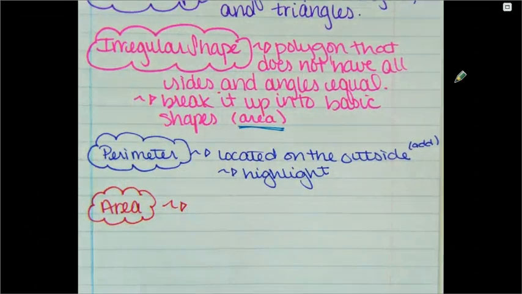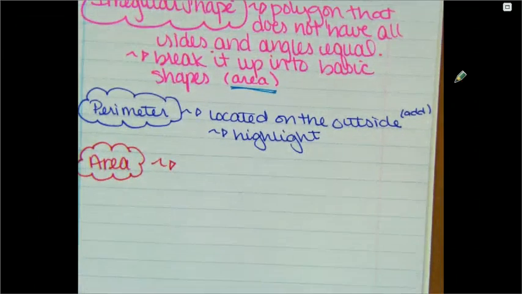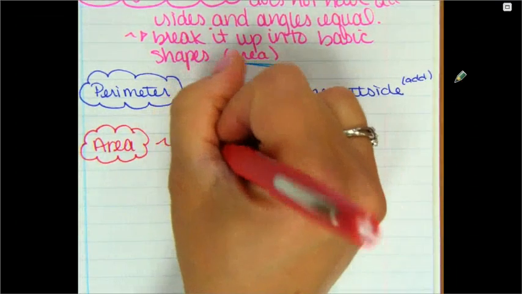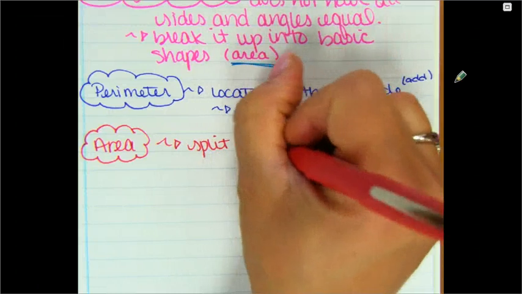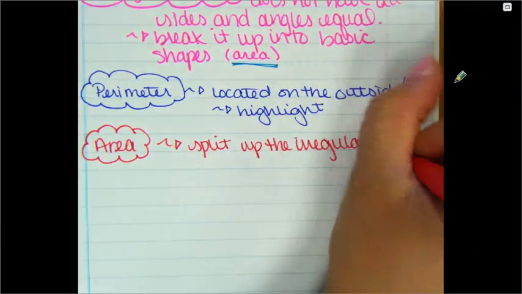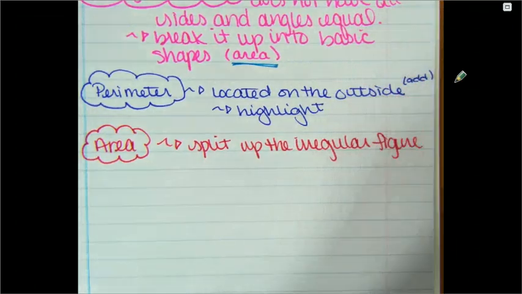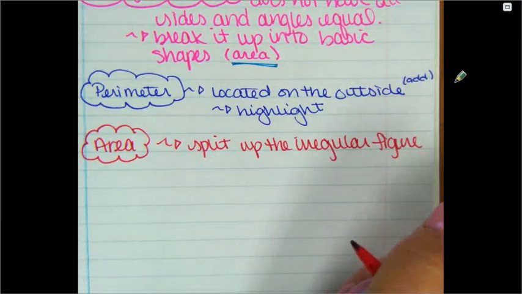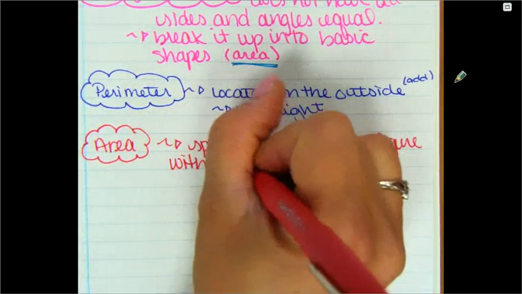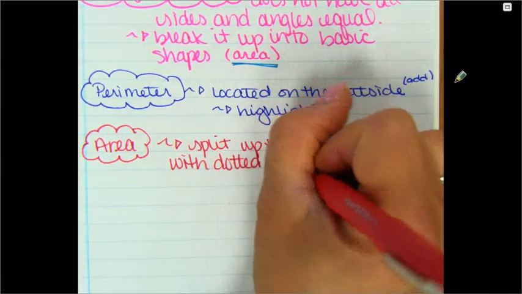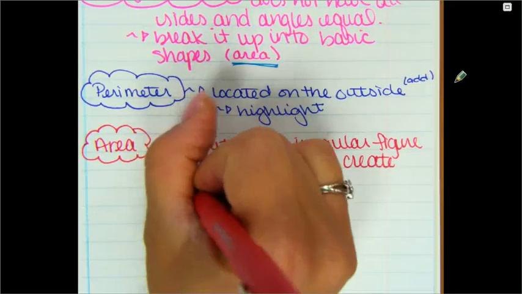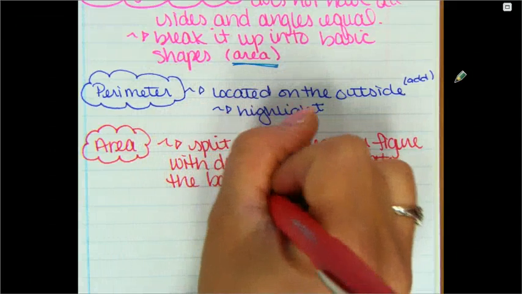So for area, we're going to split up the irregular figure with dotted lines to create the basic shapes.